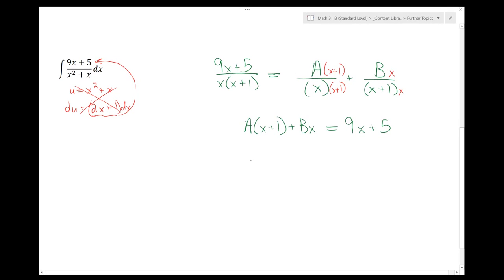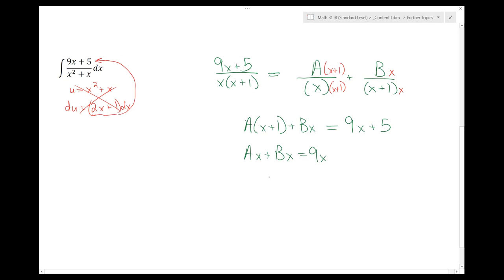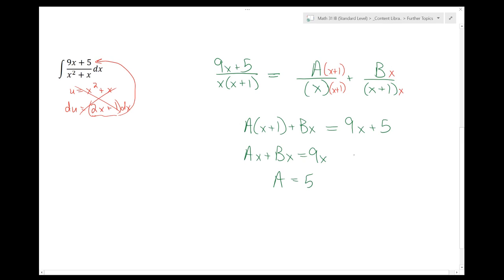More specifically, Ax plus Bx has to equal 9x, and A has to equal 5, because the linear part and the constant part have to be the same. So if A equals 5 and A plus B equals 9, then that means B has to equal 4.